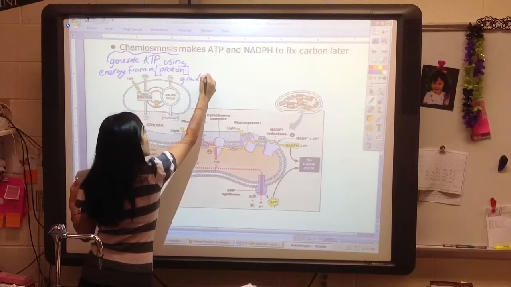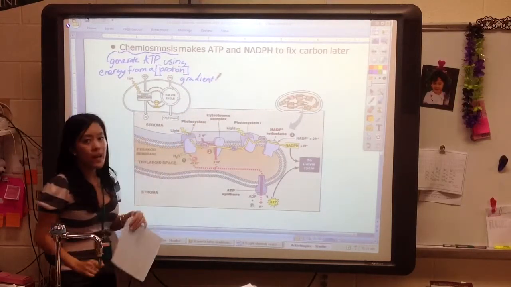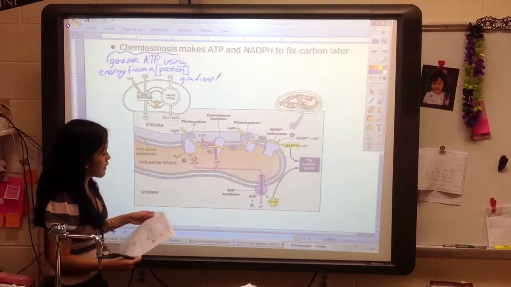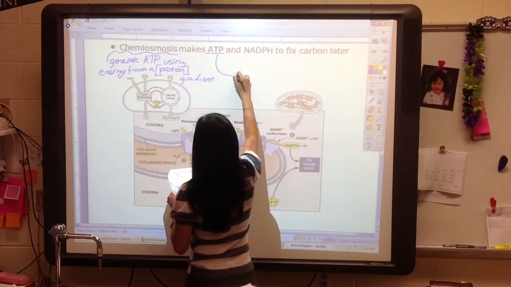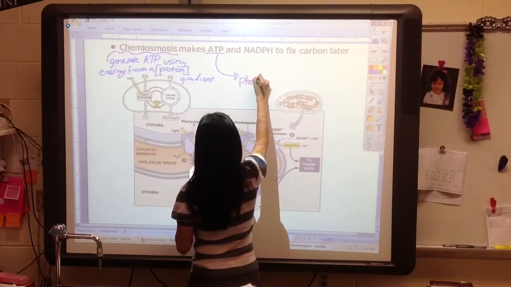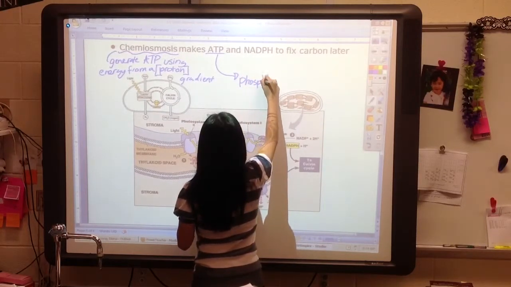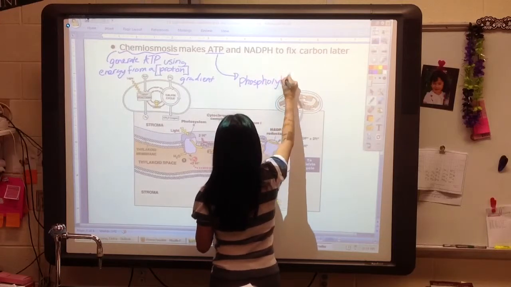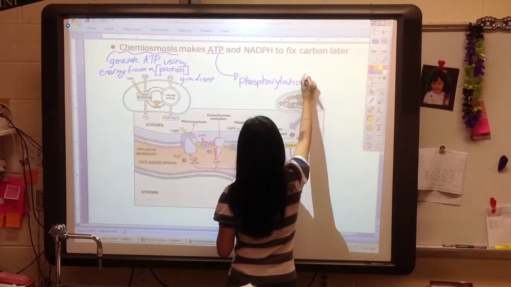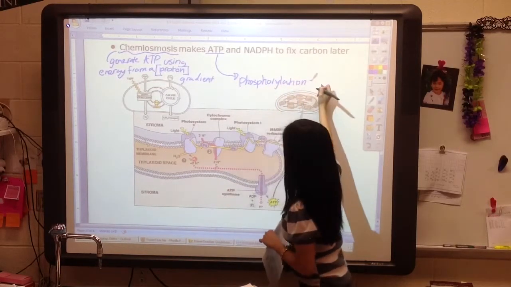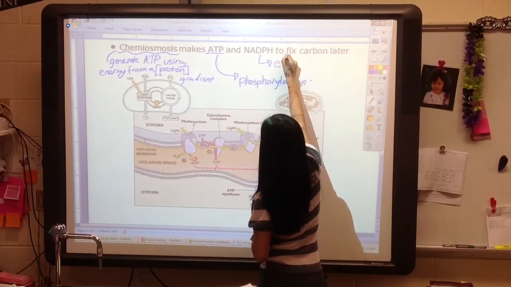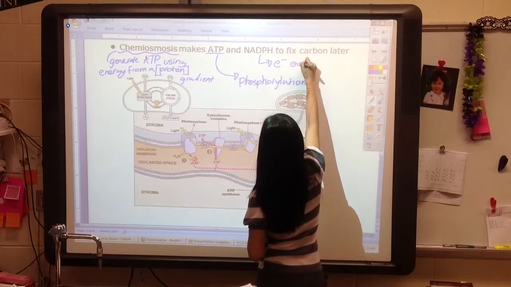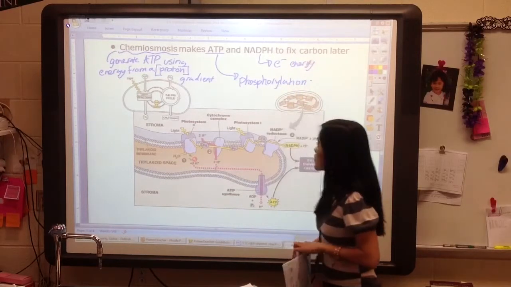Okay, and we did this before in respiration, pumping up those H+ ions, moving them up and down through the system. When we make ATP, this process will be called phosphorylation. We'll be using the energy from this process. The NADPH that we're making will be made through electron energy. Okay.